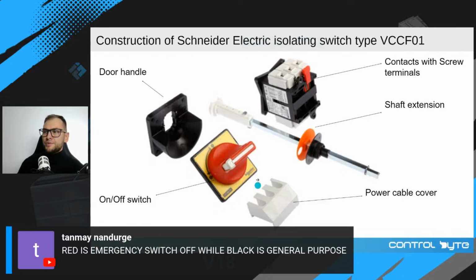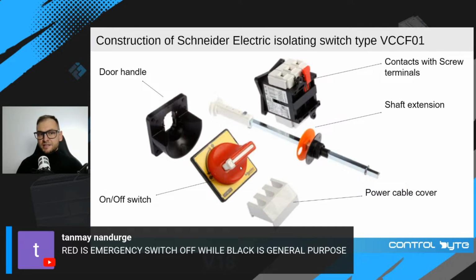Red and yellow means that this device is used for emergency stop functions. For smaller machines, for smaller systems, it is indeed designed in this way that the main switch is also the emergency stop switch.